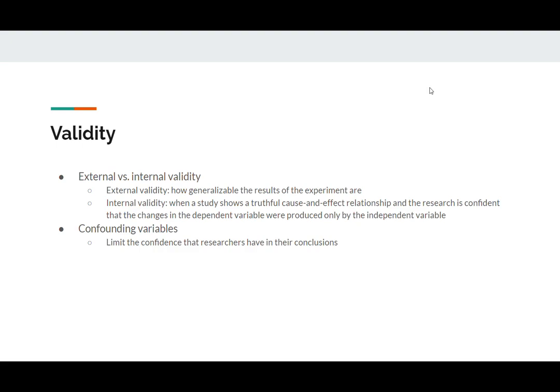Its strength is that it specifies cause and effect. This needs to be emphasized because it will come up in the multiple choice question section a lot. Variables are controlled, but sometimes it's not really feasible, results may not generalize to other contexts, and it's not really ethical to manipulate certain variables.